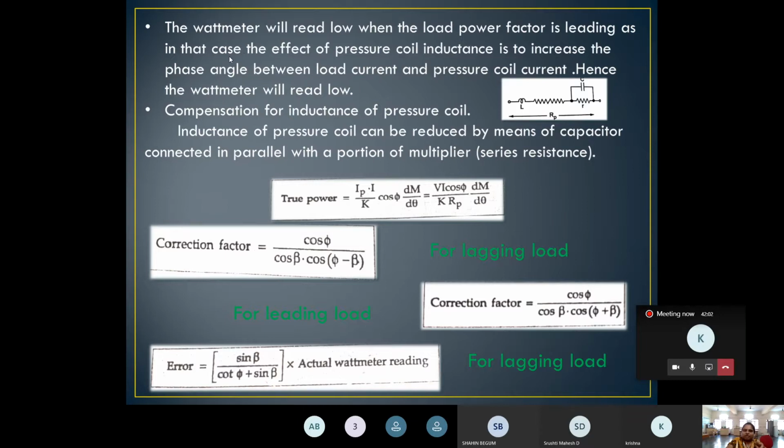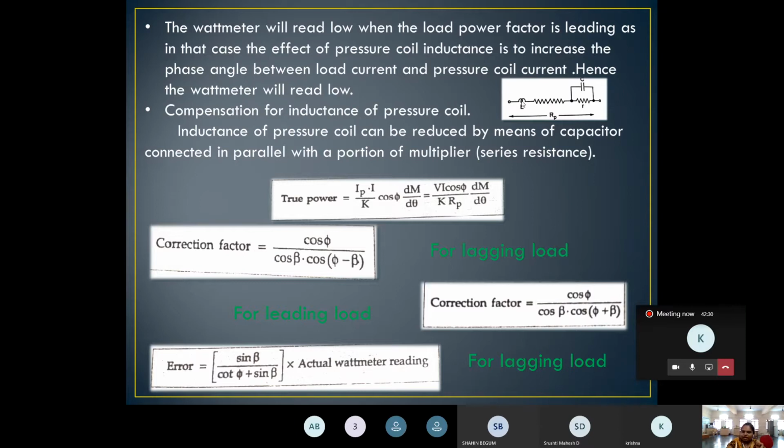How is it going to be compensated? Compensation for the inductance of the pressure coil: the inductance of the pressure coil can be reduced by means of a capacitor connected in parallel with a portion of the multiplier. Multiplier is nothing but the resistance we took, that is, the series resistance. The construction is shown here.